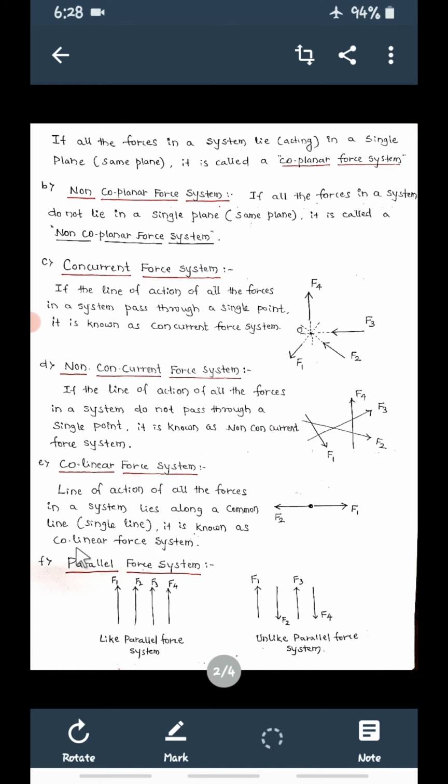Collinear means same line. Now see, there are two forces F1 and F2, in opposite directions, whatever they may be. The lines of action of F1 and F2 pass along the same line. Then this system is called collinear.